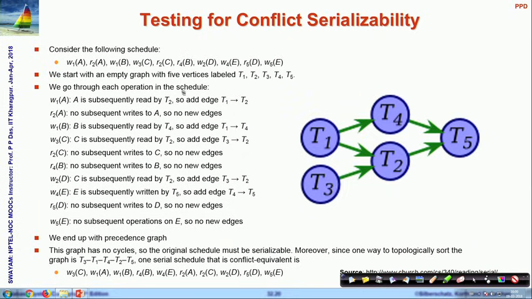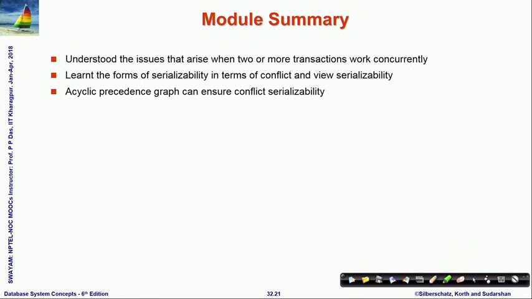Based on that, you say that this particular schedule is conflict serializable, and it will be safe to execute the interleaved instructions of the 5 different transactions in this manner in the schedule, and we will always have a consistent result.